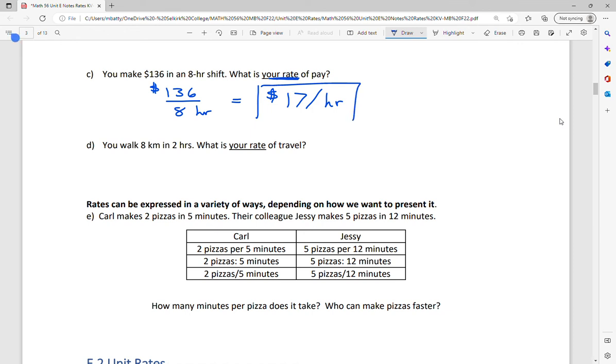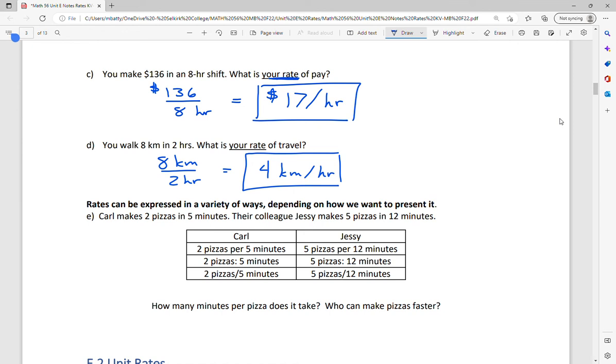That is your rate of pay. If you walk 8 kilometers in 2 hours, technically that is a rate, but we usually do the math on this and convert it down to 1 hour. So that would be 4 kilometers an hour that you travel at.